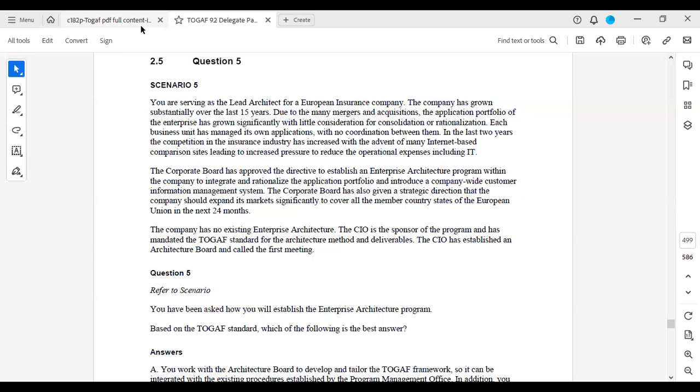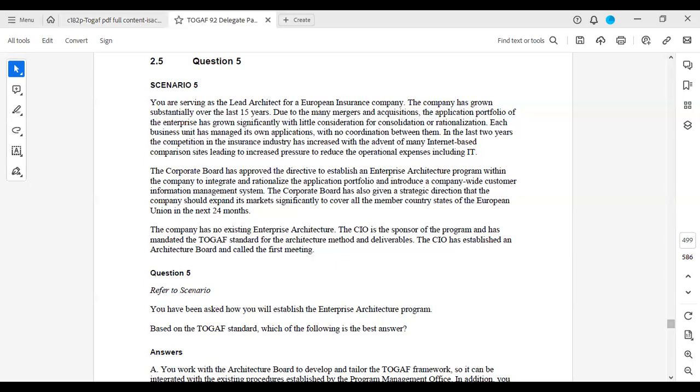I'm supposed to select only one answer, correct? Yes. Is C the right answer? Very good. C is the best answer.